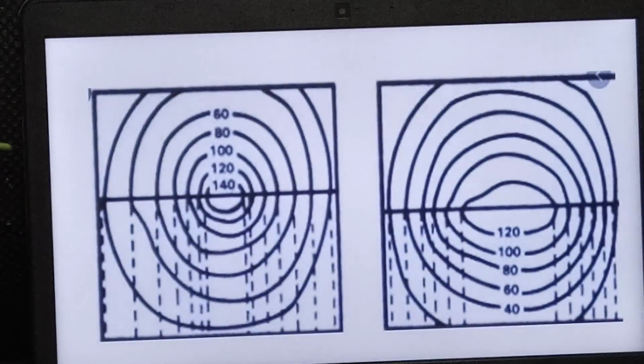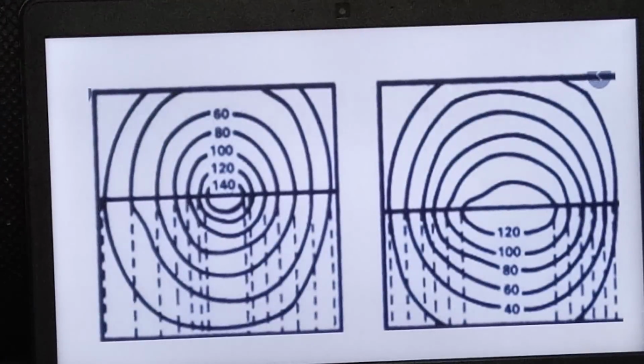Now this is a contour represented on a sheet, on a map. Look at the numbers. The center has the highest number, and outwards it goes on decreasing. The lines become shorter and smaller in the center, but the numbers are increasing in both the contours.